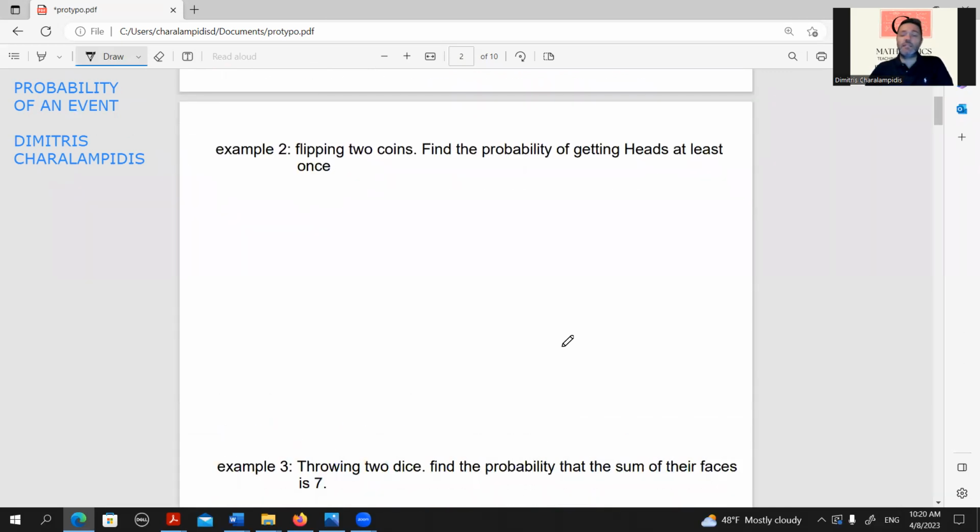Example 2. Let's say that now we will flip 2 coins. So when flipping 2 coins, we know that the universal set would be heads-heads, heads-tails, tails-heads, and tails-tails. We want to have at least 1 heads.